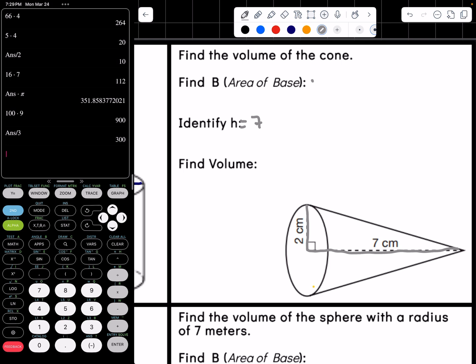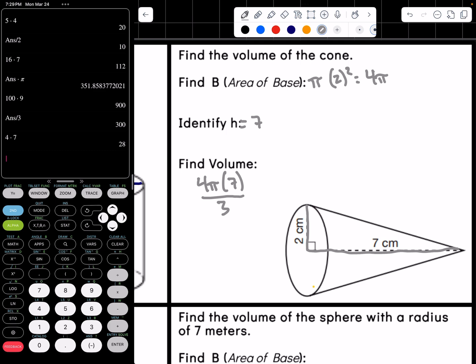The area of my base, pi r squared, so pi 2 squared equals 4 pi. And then to find the volume again, we have the area of our base, which is 4 pi, times our height, which is 7, all divided by 3. Because we are dealing with a cone, so it's going to be 1/3 that of the cylinder. So 4 times 7 is 28.